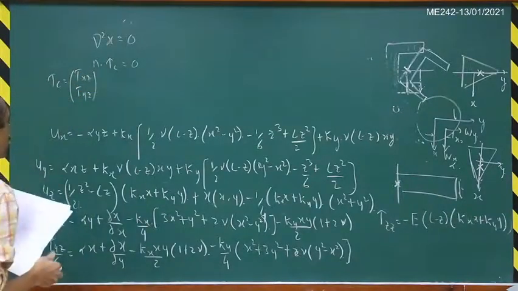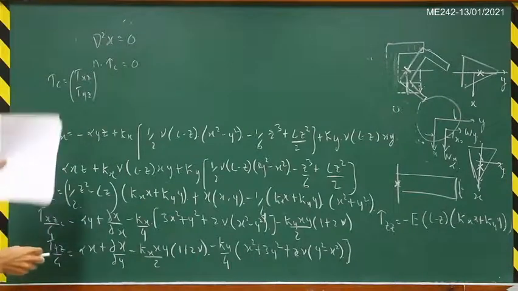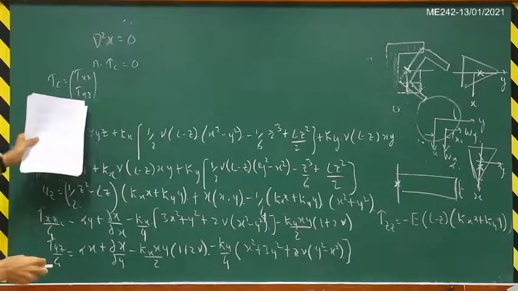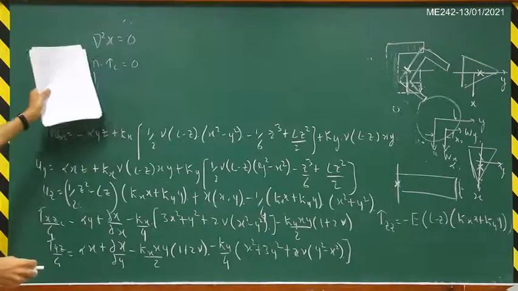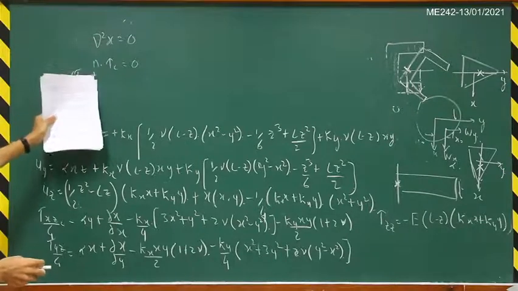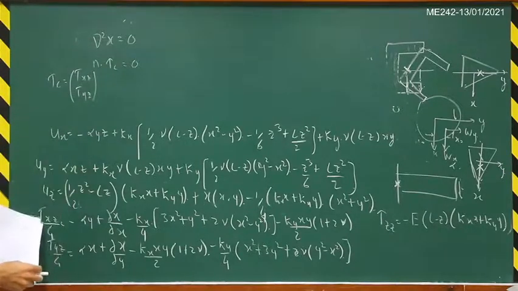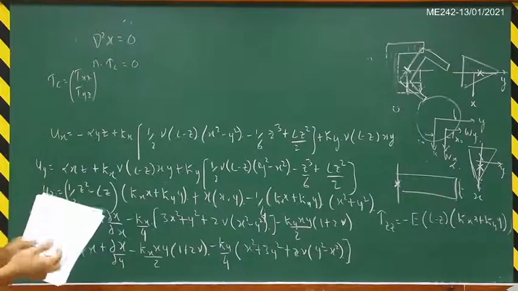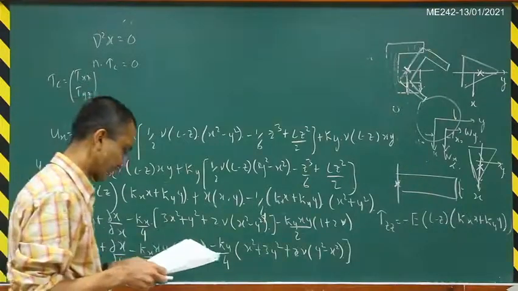So basically what you do is you first solve del square chi equal to 0 and then find the constants in that function such that tau xz times nx plus tau yz times ny is equal to 0. So that is the traction free boundary condition for the lateral surface here.